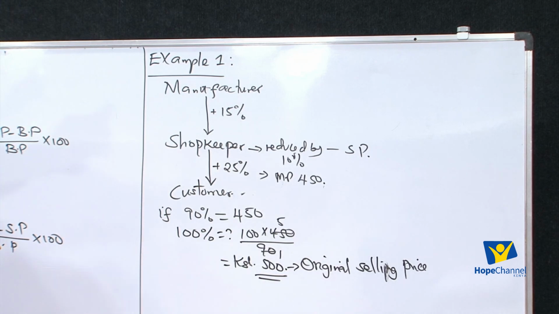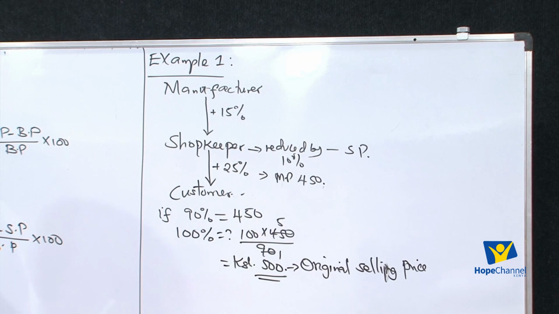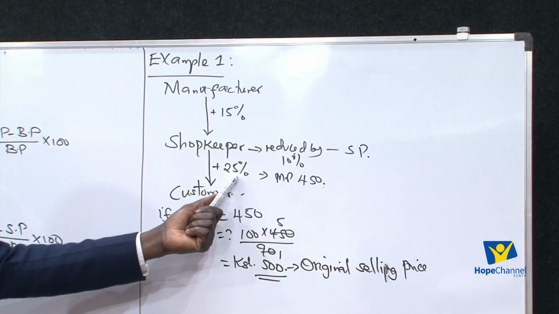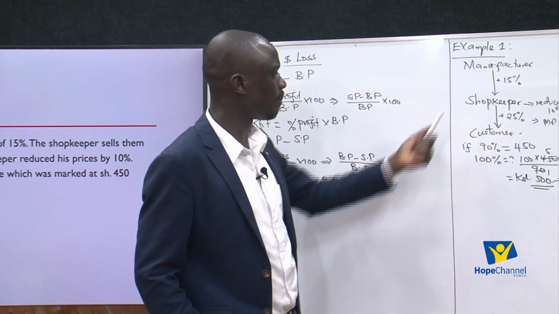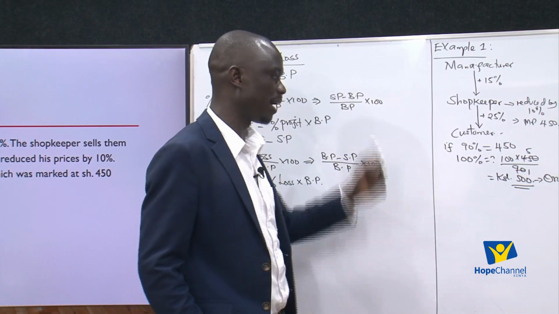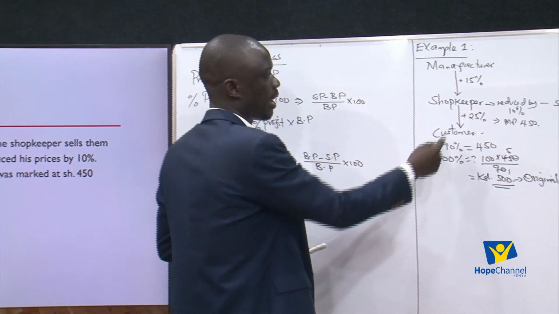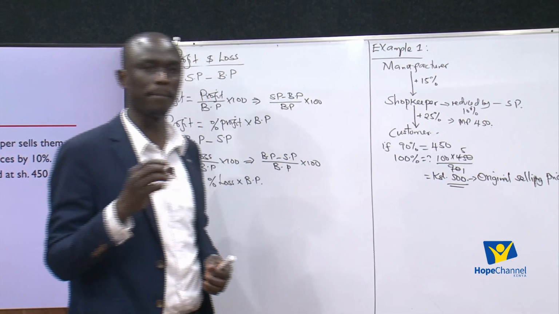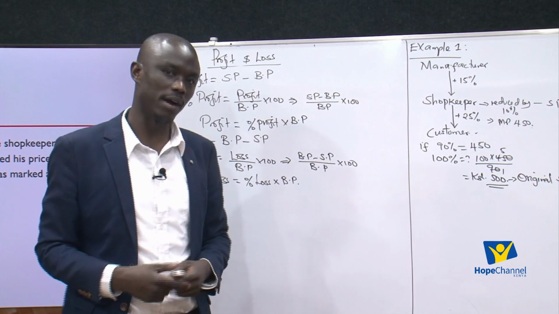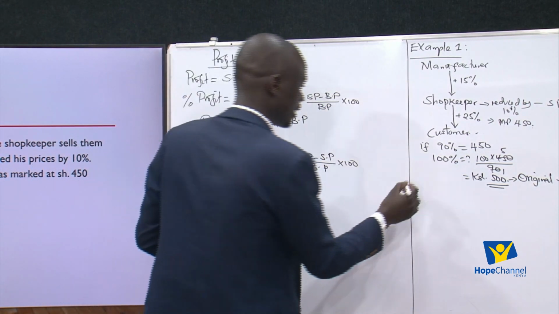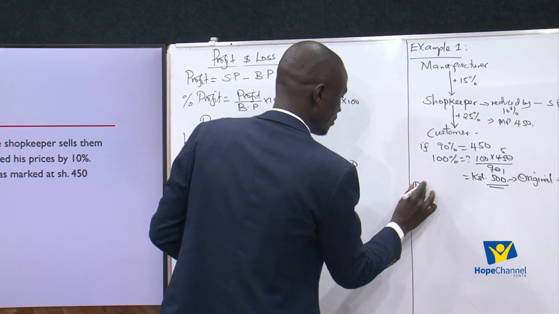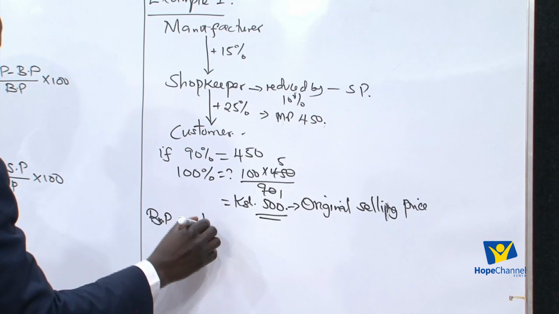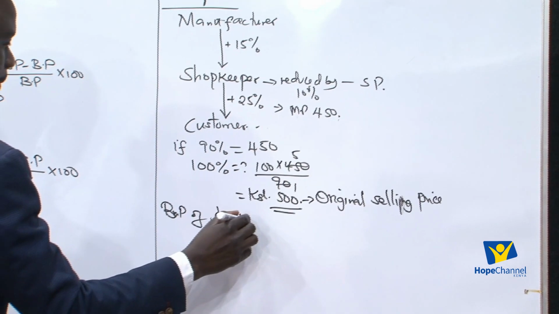That is what was equivalent to 25% profit. Meaning that if the shopkeeper had sold this item at 500, he would have made a profit of 25%. So what about the buying price? How much did the shopkeeper buy this item at? We look at 100%, because a profit is an increase on 100%.